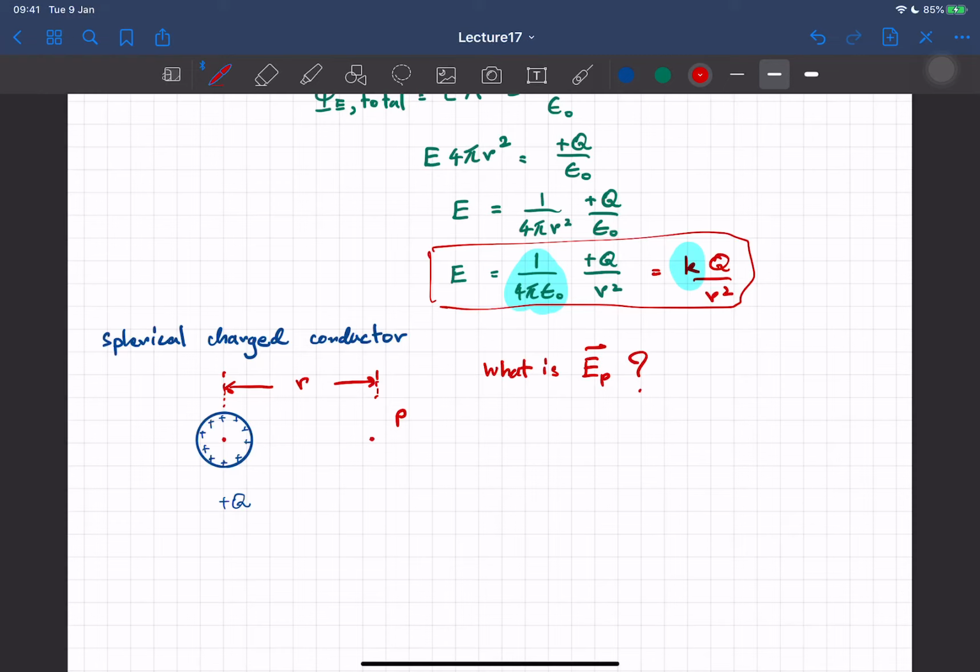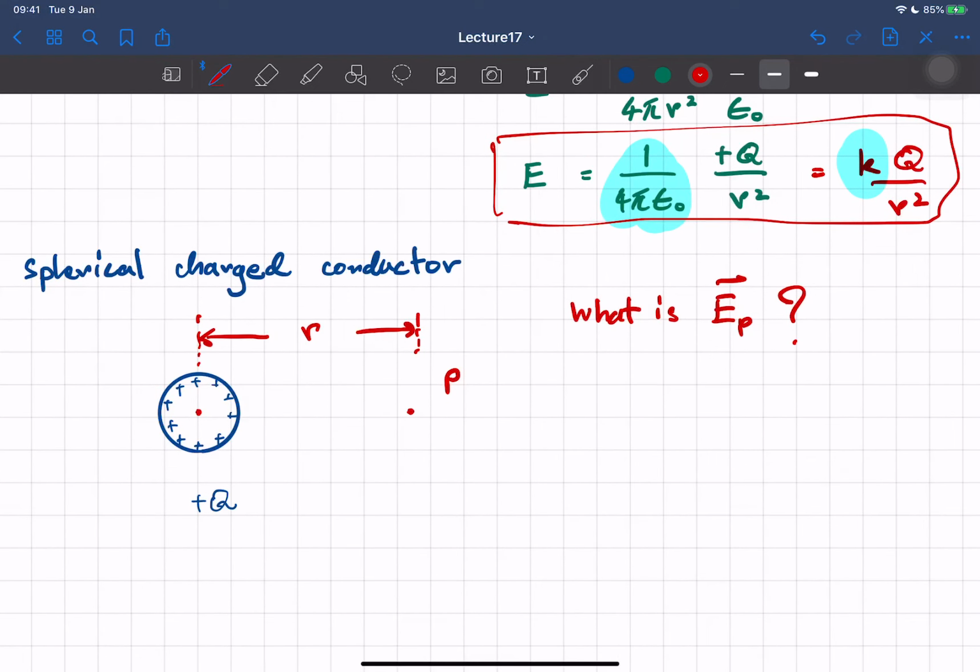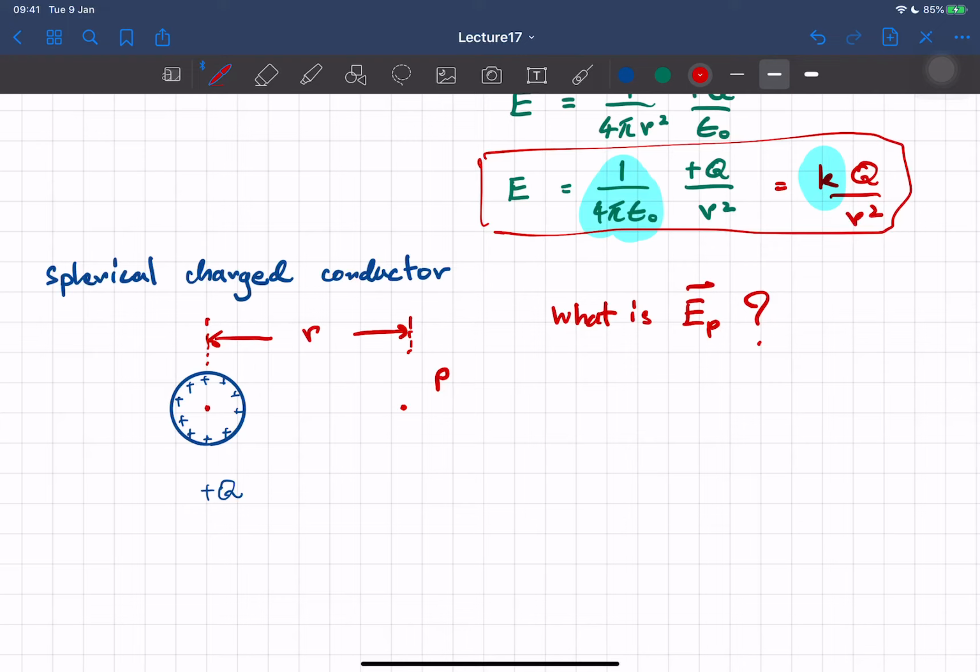If we don't know the answer already, it's actually not quite easy to answer this one. Because the only thing that we know is that the electric field from a point charge is given by E equal to kQ divided by r squared, or the magnitude of E is like this.